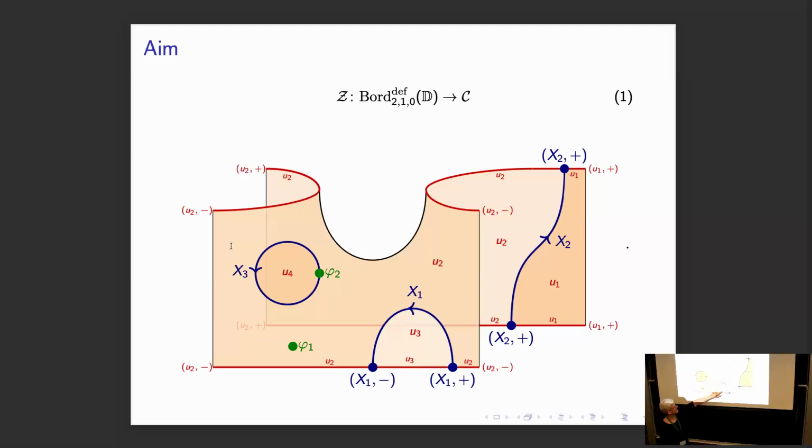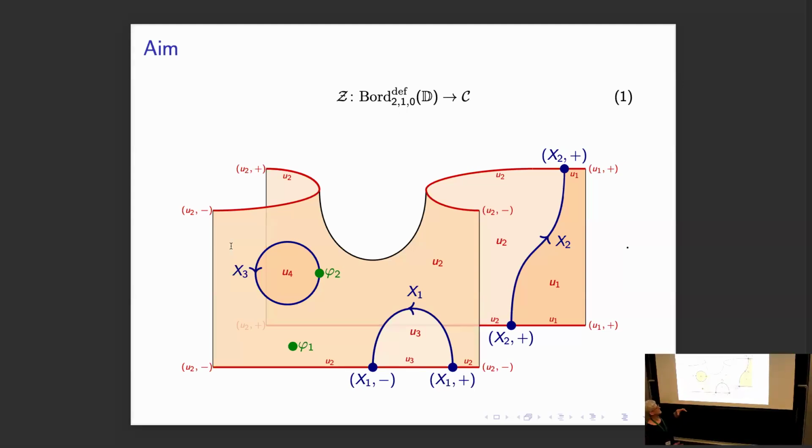So the two-dimensional patches are labeled by some objects in the target category. There are one-dimensional submanifolds that carry labels of the one-morphisms in the target category, and bubbles that look slightly too big here. They are supposed to be points or two-morphisms.